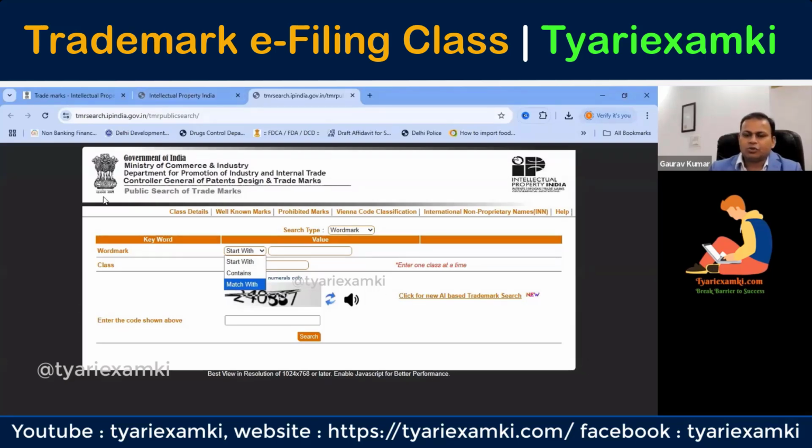We can also prepare the search report from this search tab to send to our client. So this is the trademark that you want to apply for, and these are the trademarks that are similar to it, your application.